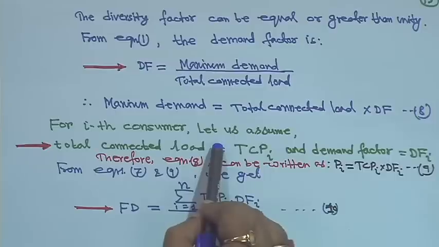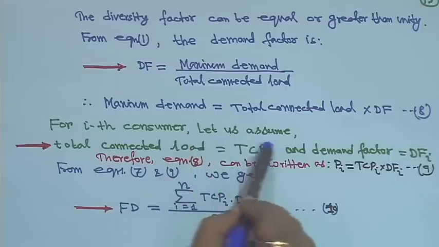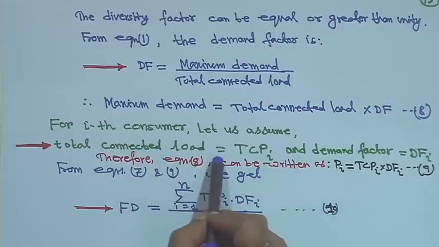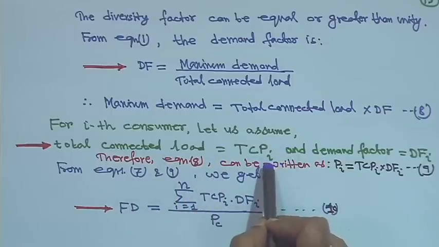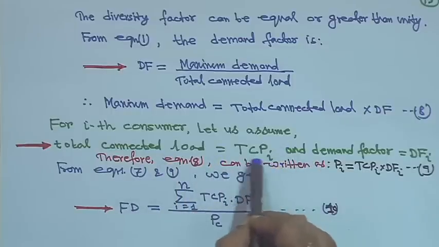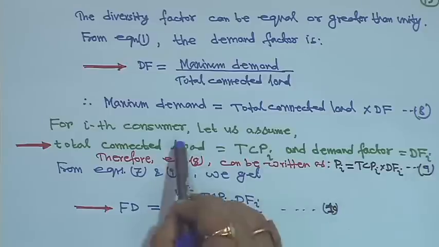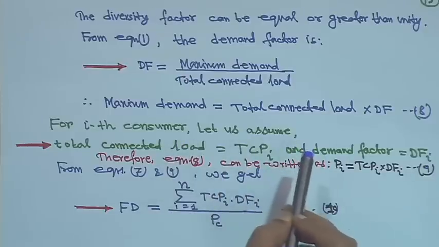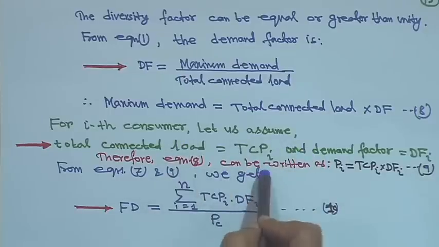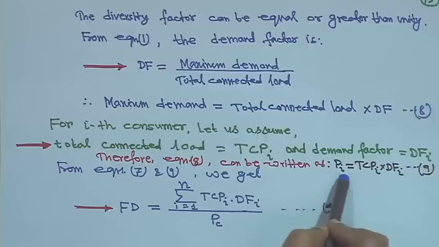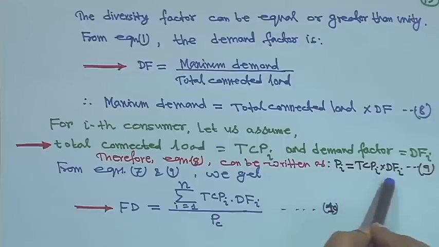Now, for the ith consumer, let us assume the total connected load is TCPi and the demand factor is DFi. Therefore, equation 8 can be written as Pi equal to TCPi into DFi.